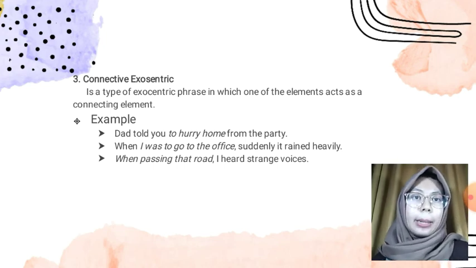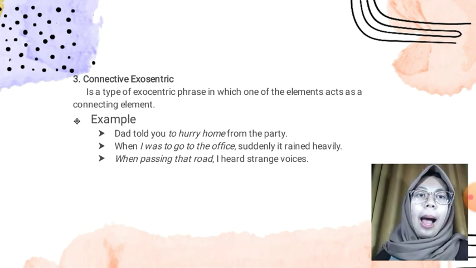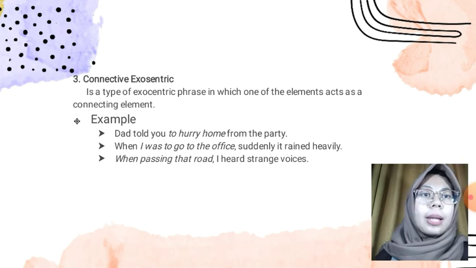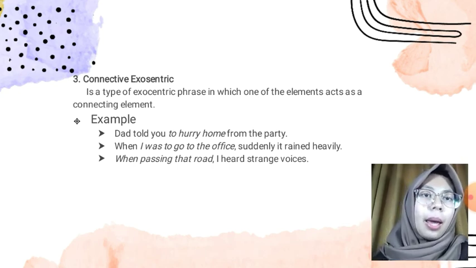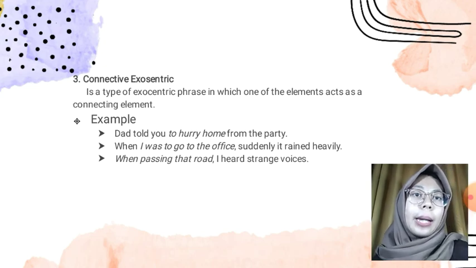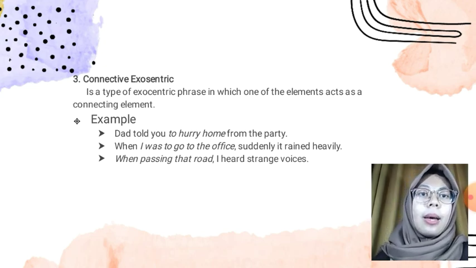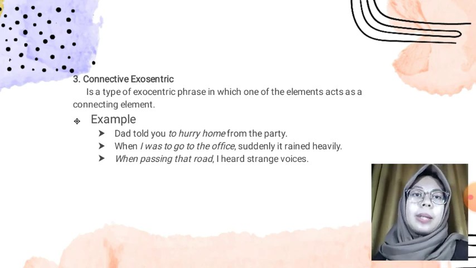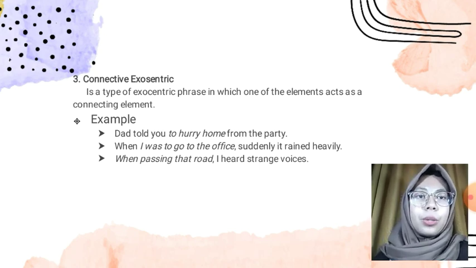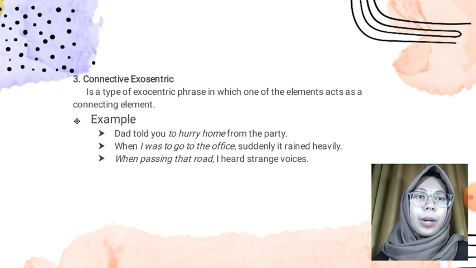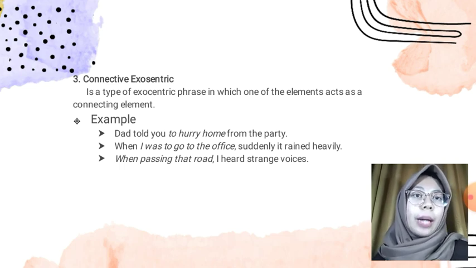And the second one is, when I was to go to the office, suddenly, it rained heavily. So, the connective exocentric is I was to go to the office. The last one is, when passing that road, I heard a strange voice. So, the connective exocentric is passing the road.